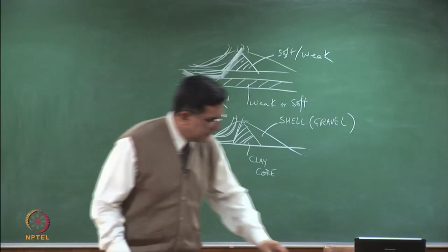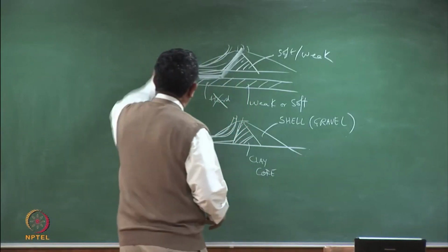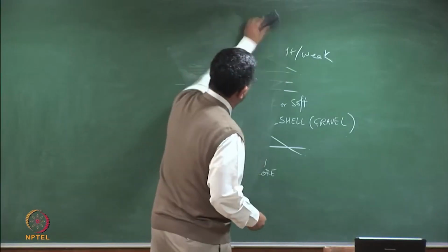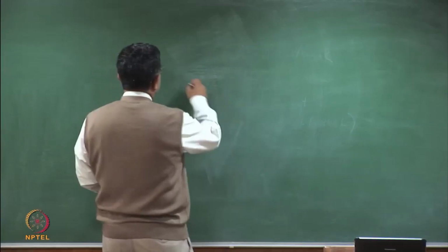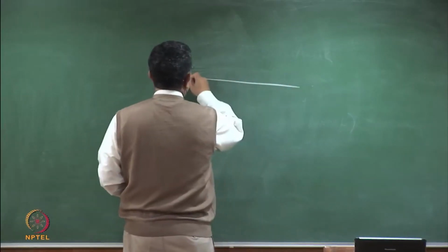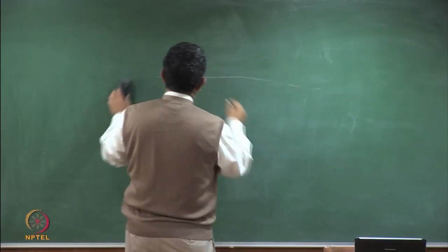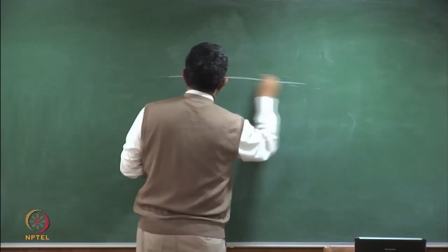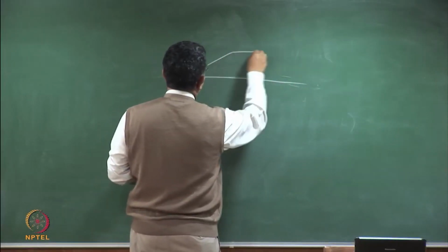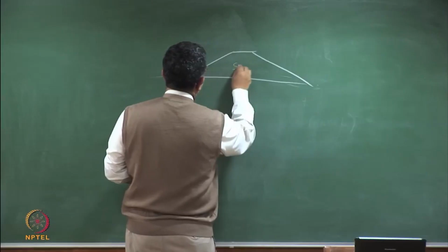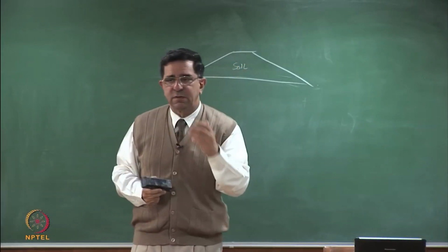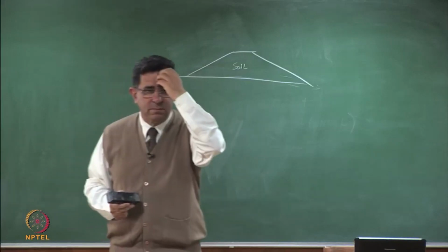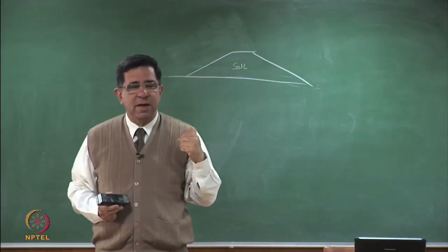If I am going to make an embankment of sand, how do I determine the shear strength property of sand? So this is embankment of soil. If it is coarse grained soil, how do I determine its shear strength properties for designing this embankment?